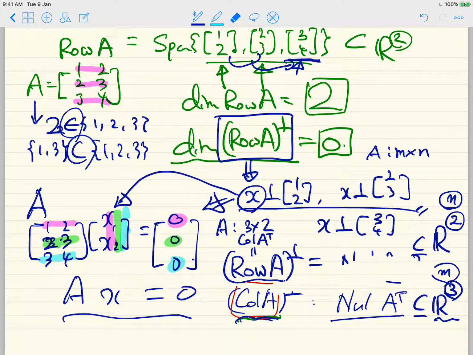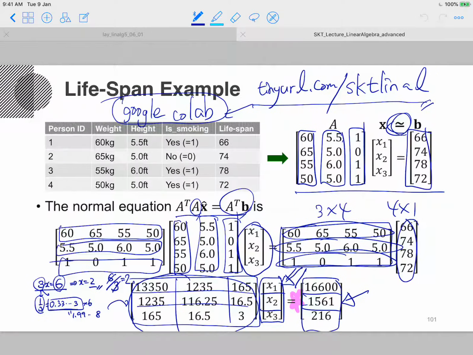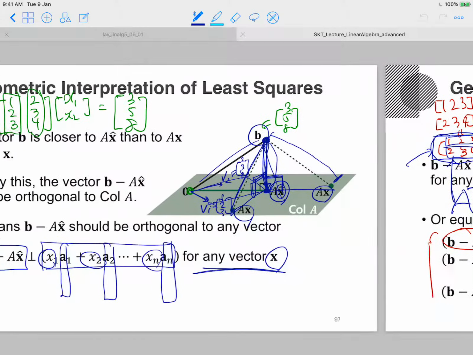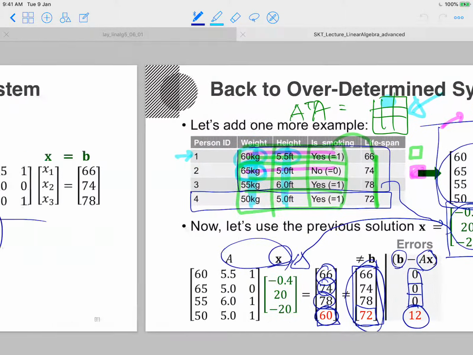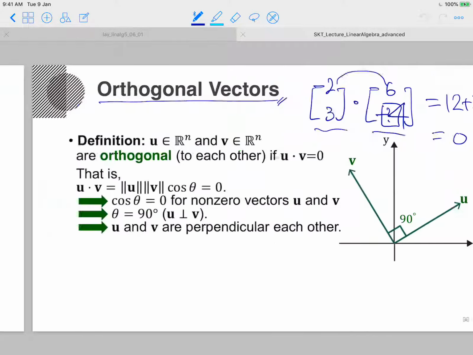So you guys know the inner product between vectors. It can give us the angle between two vectors. Have you studied this relationship?